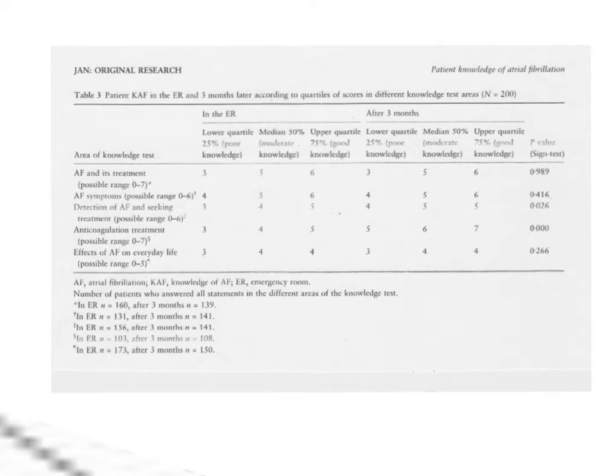The questionnaire was developed to assess the knowledge level of patients with AFib and is divided into 5 sets of questions covering 1. AFib as a disease, 2. Detection of AFib and seeking treatment, 3. Anticoagulant therapy, 4. Impact of AFib on everyday life. So please pause this now and take a good look at the questionnaire in the article.